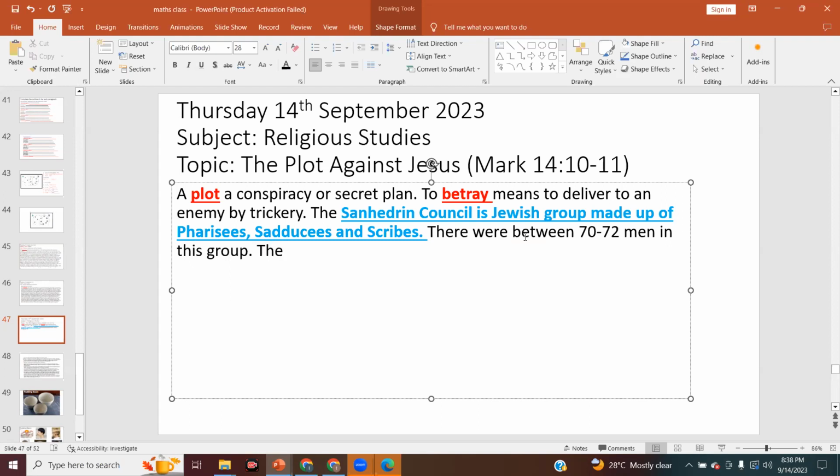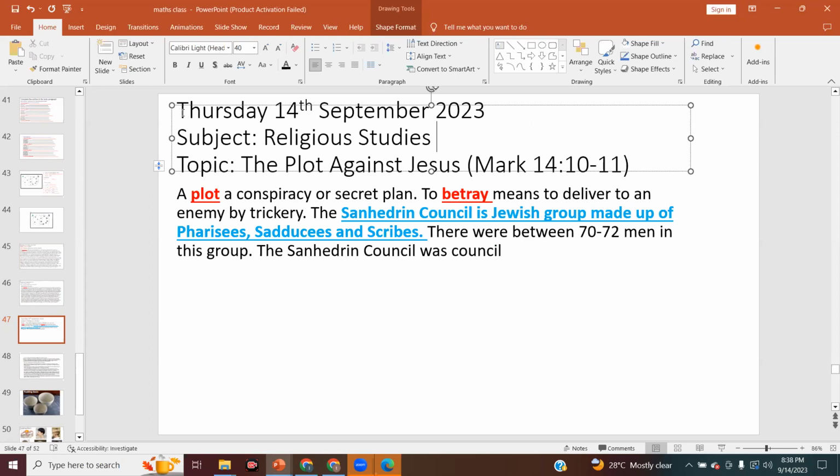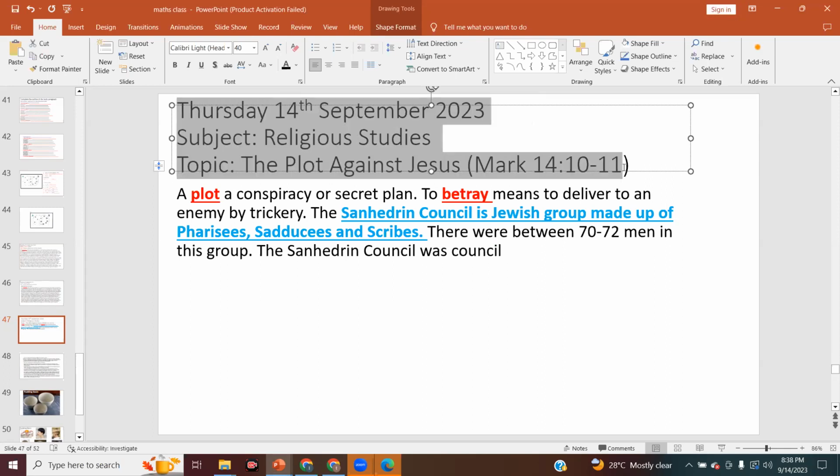The Sanhedrin Council. Was there a reason why there were only men? Can I answer this question? Okay, go ahead. So basically, in the olden days, women weren't allowed to partake in events that the men were associated with.